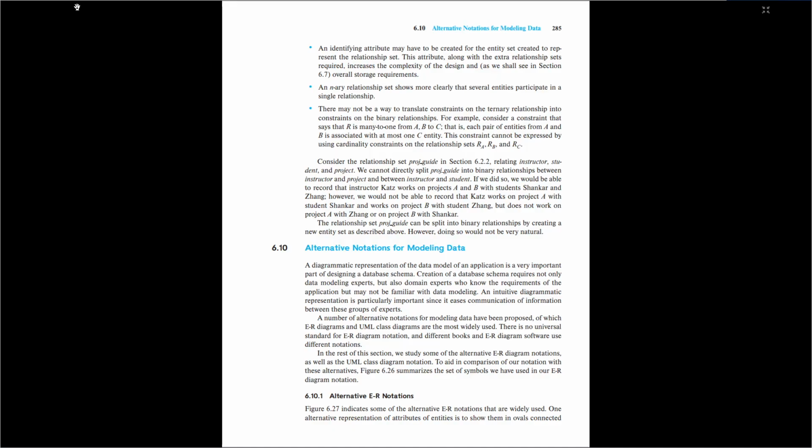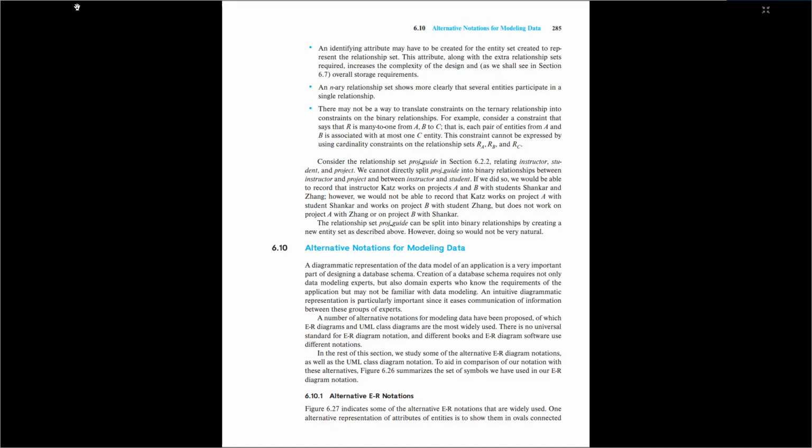For example, consider a constraint that says that R is many-to-one from A, B to C; that is, each pair of entities from A and B is associated with at most one C entity. This constraint cannot be expressed by using cardinality constraints on the relationship sets RA, RB, and RC. Consider the relationship set proj_guide in Section 6.2.2, relating instructor, student, and project. We cannot directly split proj_guide into binary relationships between instructor and project and between instructor and student.